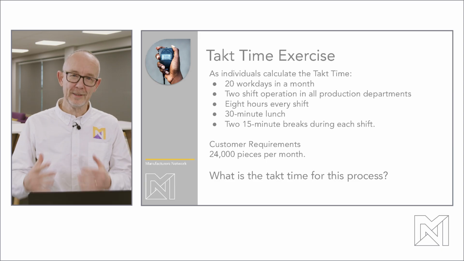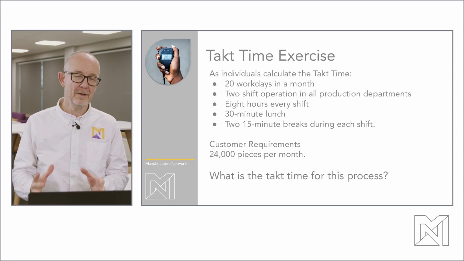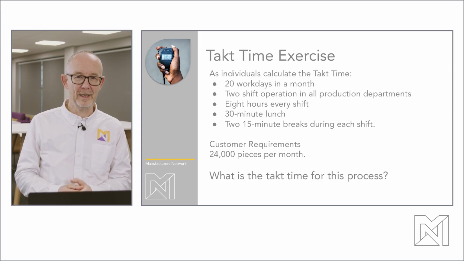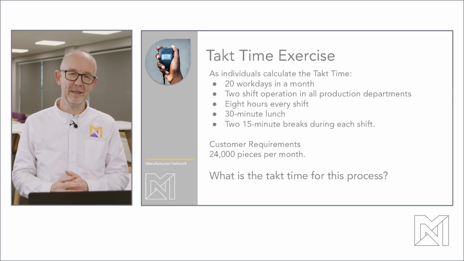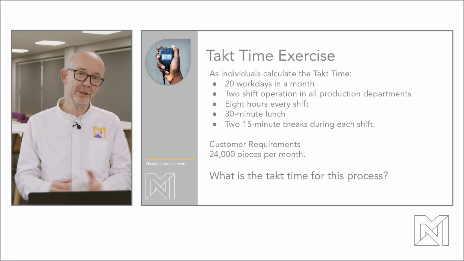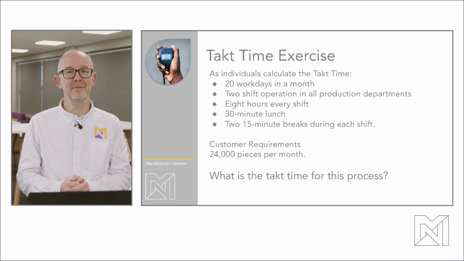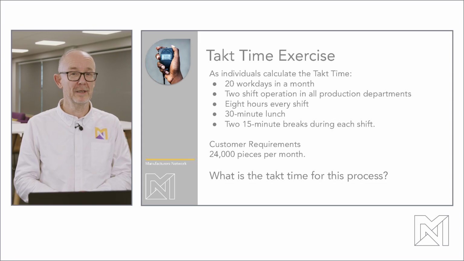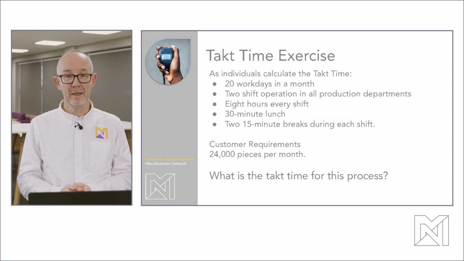So in this particular case, we have one 30-minute lunch break and 2 15-minute short breaks during every shift. So we can take that off the 8-hour shift, and in effect it becomes a 7-hour available time per shift for production.